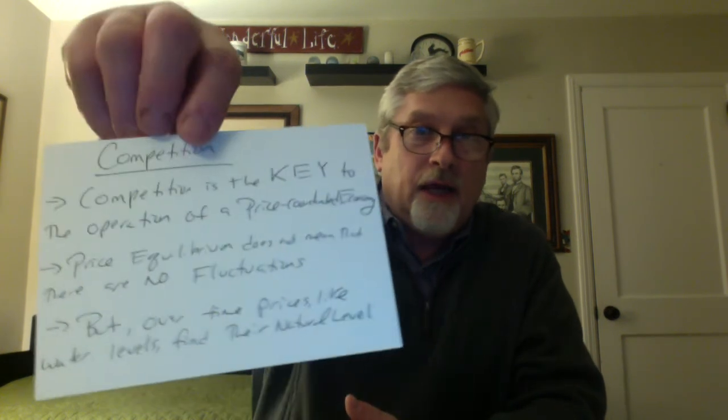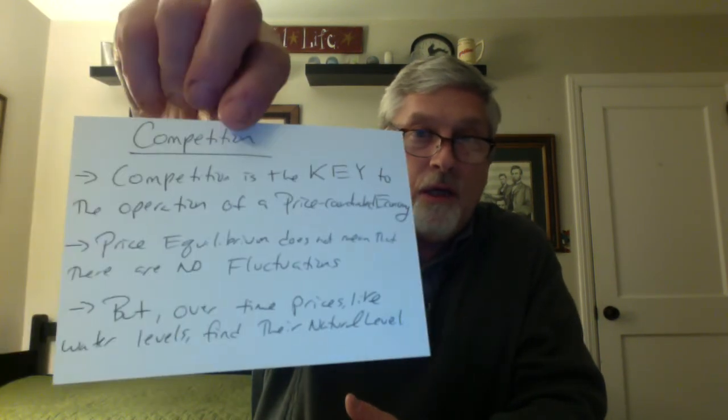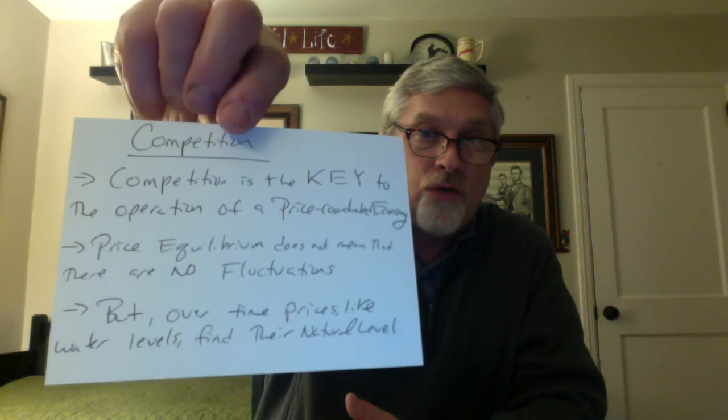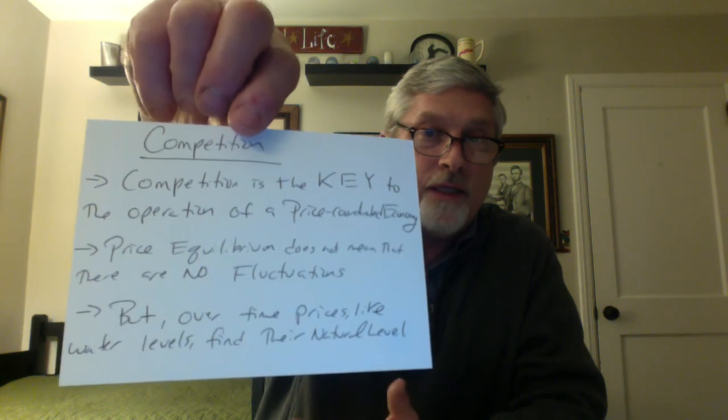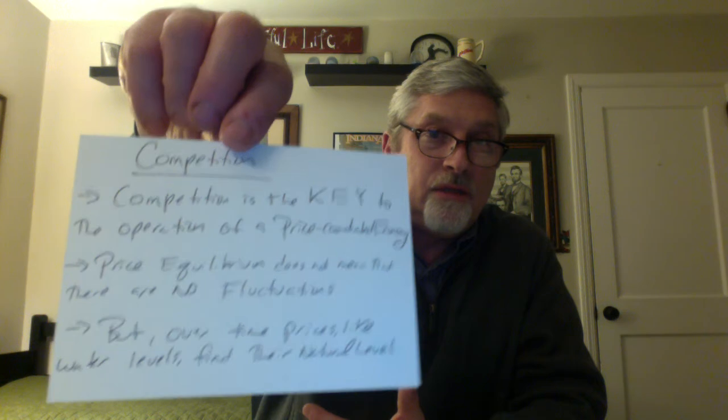And so that doesn't mean, though, that you aren't going to get fluctuations in price over time. But those fluctuations, there's going to be highs, there's going to be lows. And just like water always seeks a natural level, prices do the same thing. So again, this idea that competition is the key to the operation of a price-coordinated economy. The idea that it's not a command system.